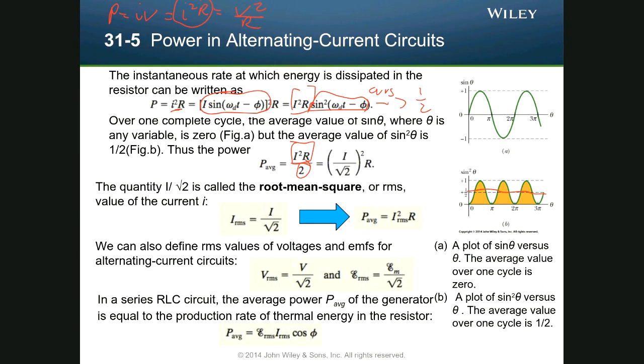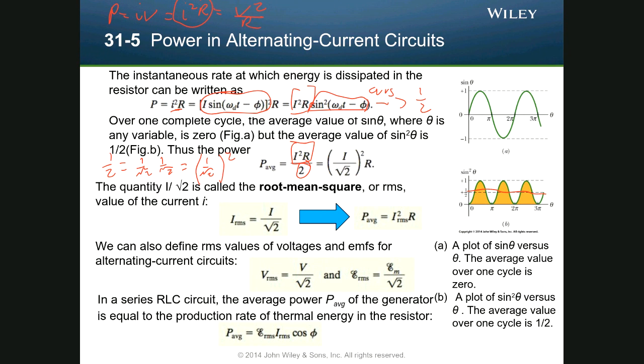Now, 1/2 can be written as 1 over root 2 times 1 over root 2, or equals 1 over root 2 squared, right? Now we do that because it lets us define a new quantity called IRMS.